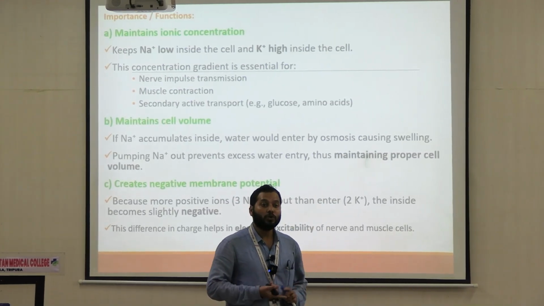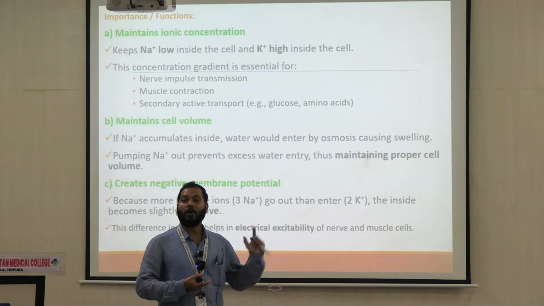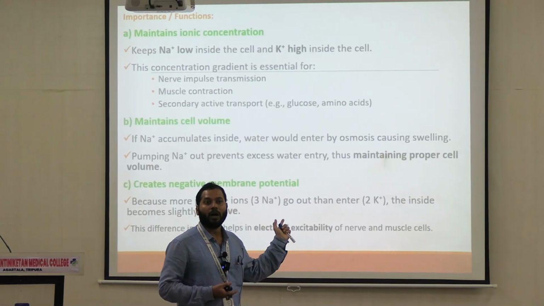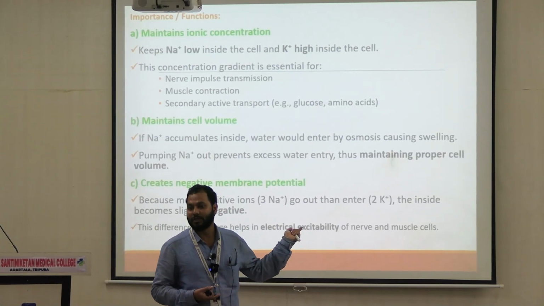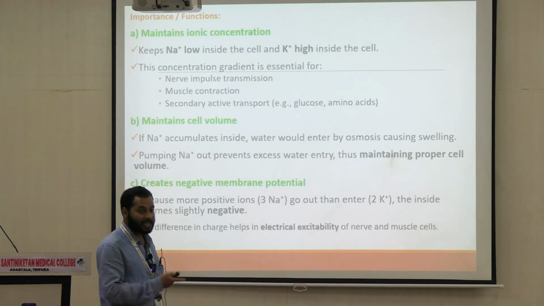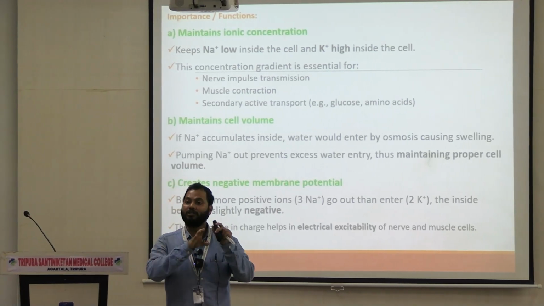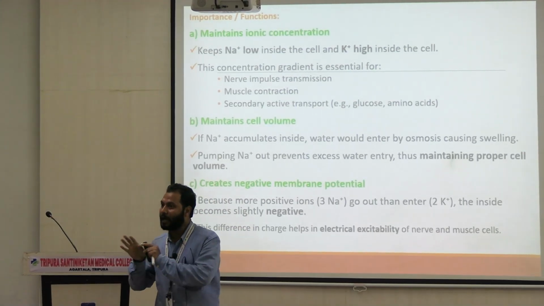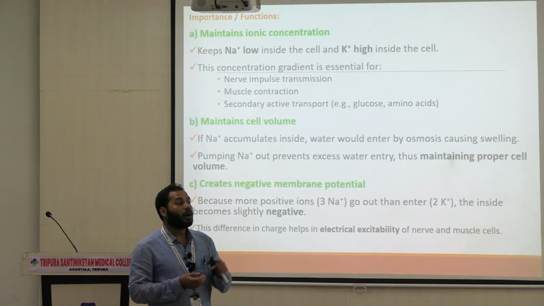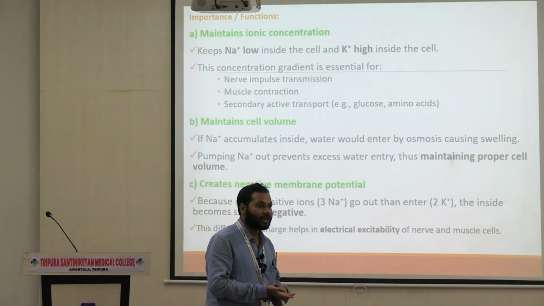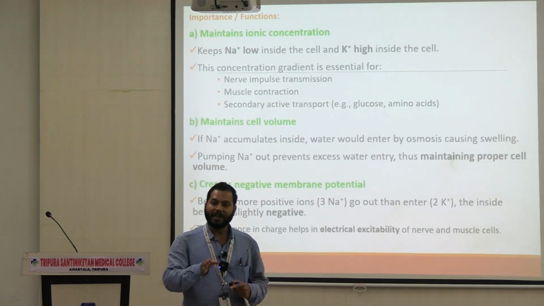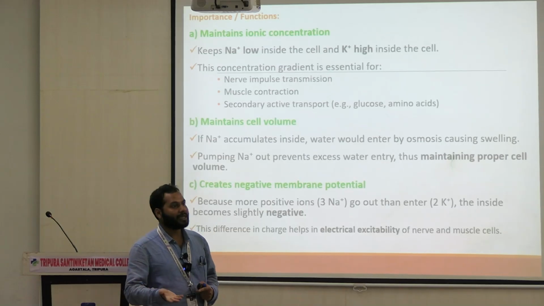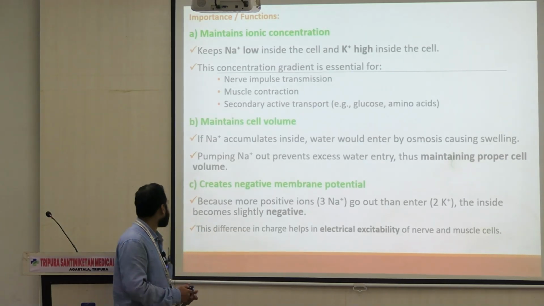Instead, they are using energy from the concentration gradient formed in the primary active transport process. So in that aspect, we could say the distribution of both sodium ion and potassium ion, or the generation of the concentration gradient, is very vital in active transport mechanisms like secondary active transport.